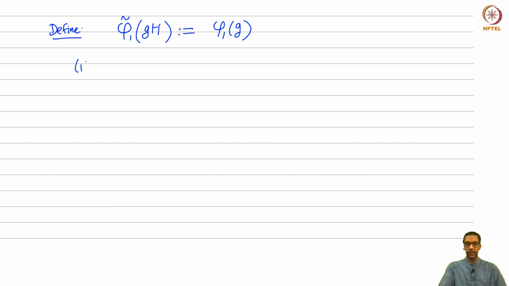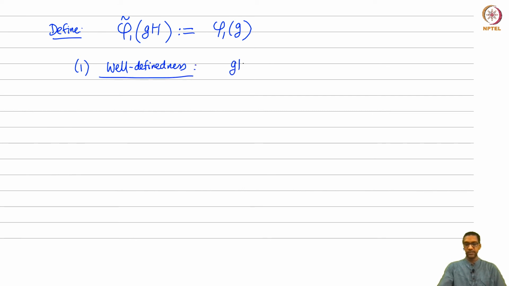Now the first thing, whenever we define a map like this on cosets, is to ensure that this is well defined. That is, it does not depend on the representative that we have chosen for the coset. So you always have to check well-definedness. Now what does that mean?